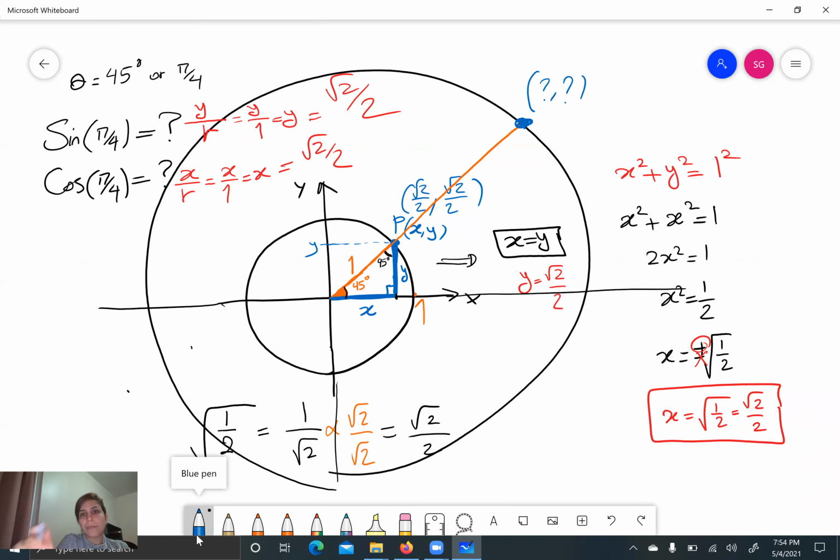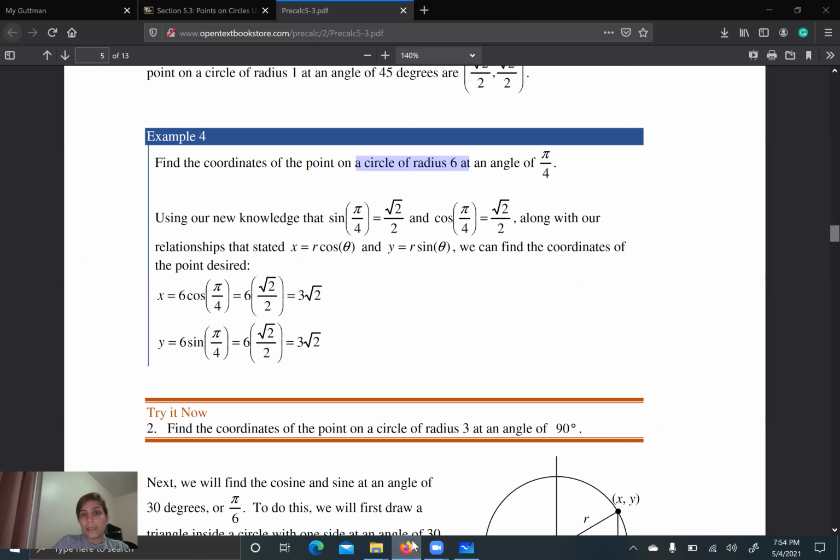Look at the x value and y value, it's like they are stretched. And the stretch is the same as the stretch for r. Here we did it with the radius of 1, and this question says, what about the circle of radius 6?